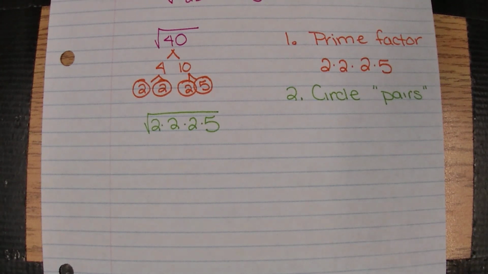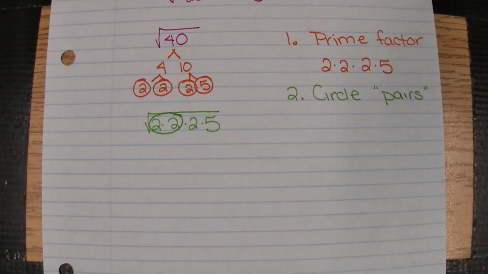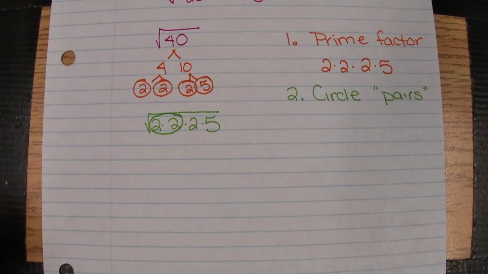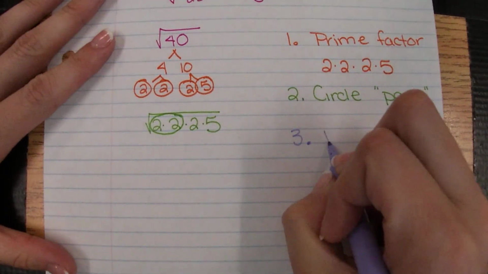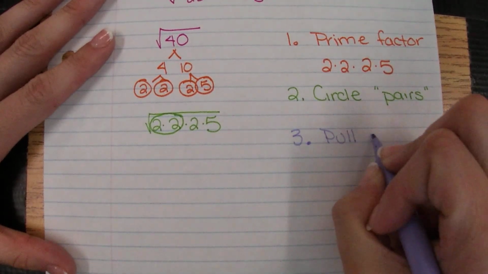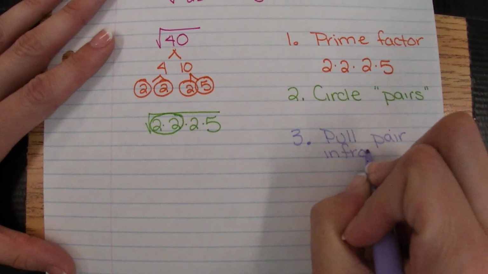If I look underneath here, I see a pair of 2's. So I'm going to circle that. In my third step, I am going to pull my pairs in front of the square root.